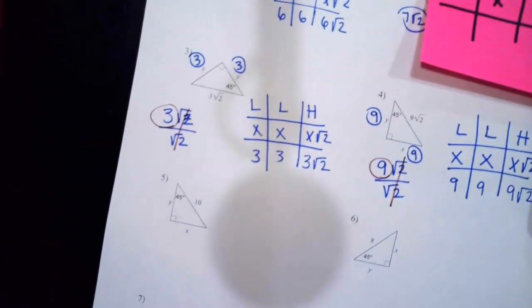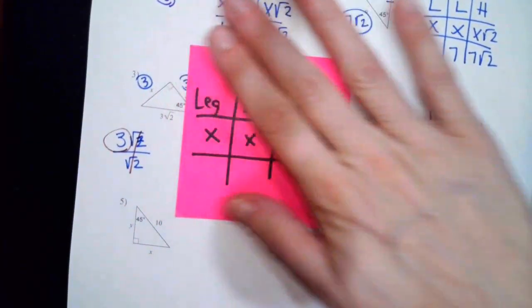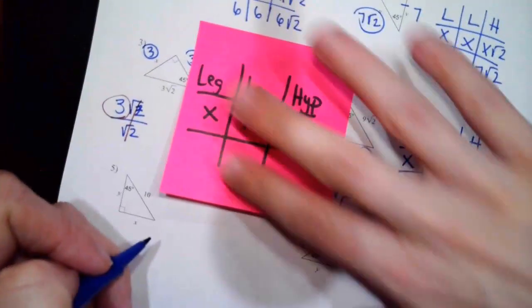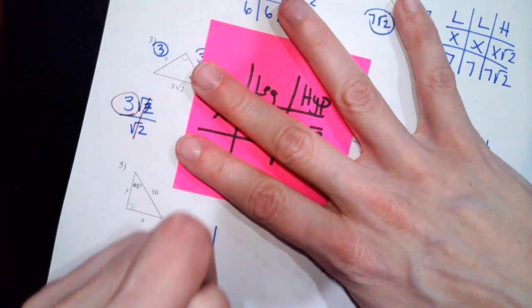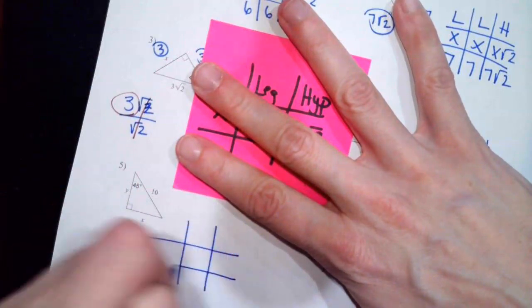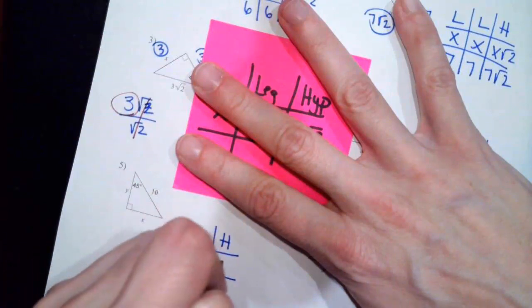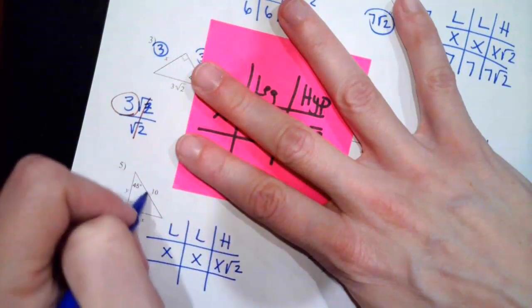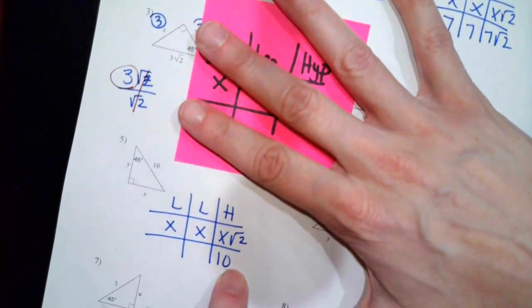Okay. Next ones. I'll just keep moving the chart down just in case you want to see it. All right, this time I'm given the hypotenuse. But what do you notice about the hypotenuse? I don't have a radical 2 to get rid of, do I?